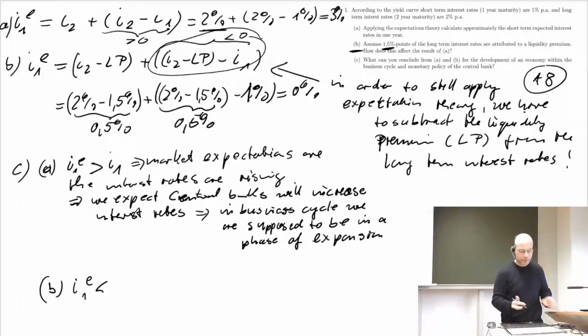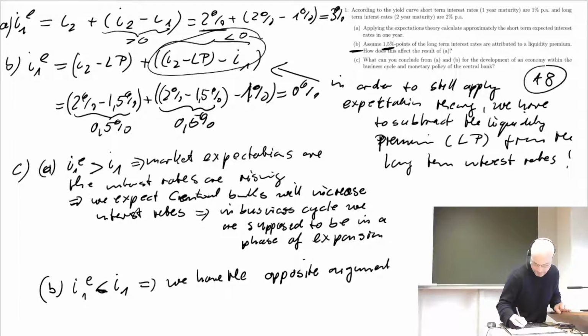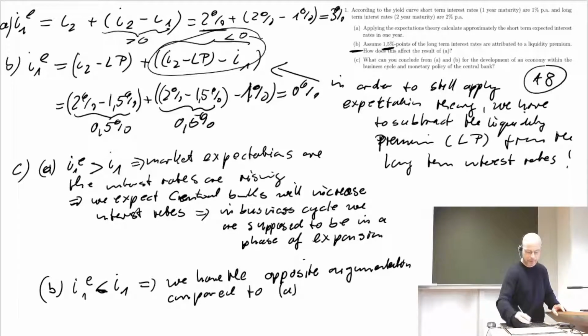So that short-term interest rates are falling. And then, of course, we have the opposite argumentation compared to A, and this was then the result that we are in the downturn or in the crisis in the business cycle.